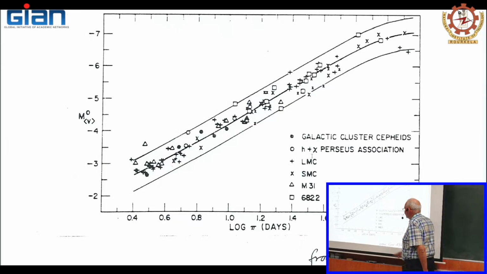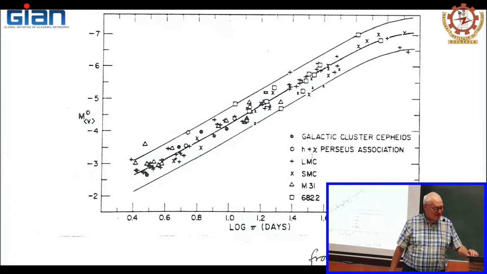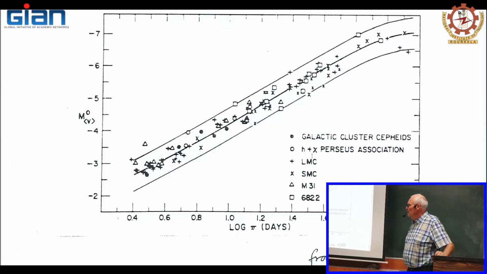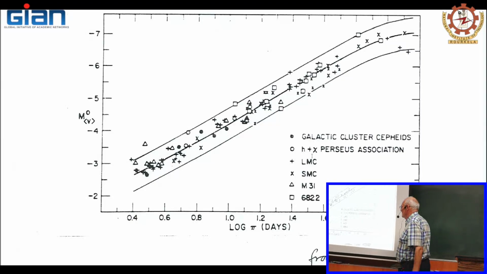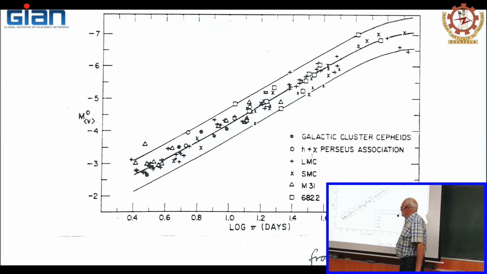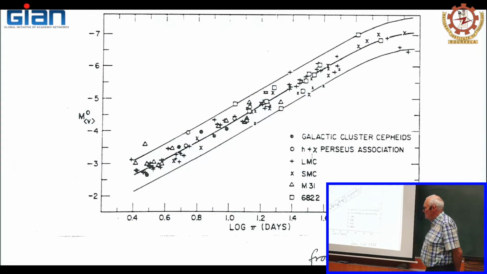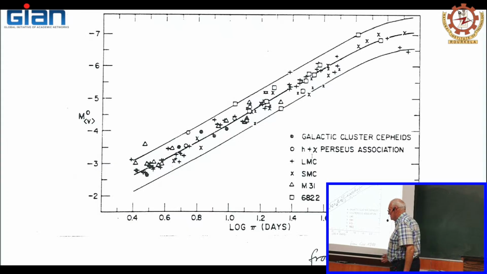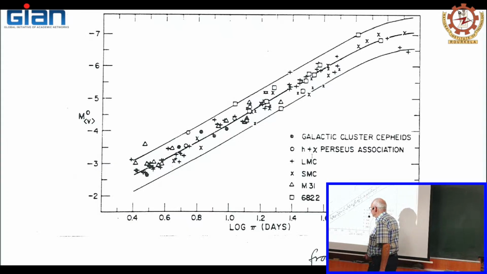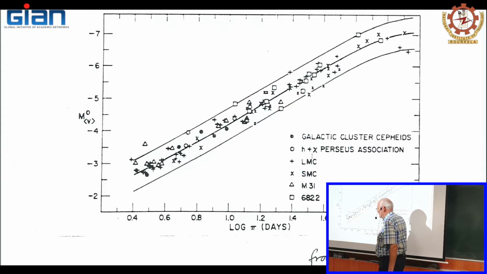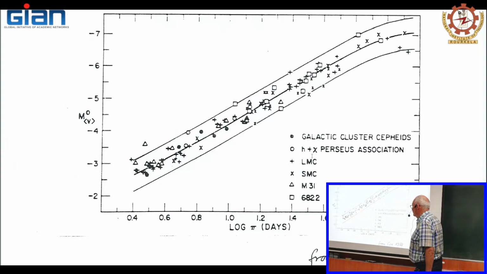The scatter of this relation, which is seen here, is not of statistical origin, but an intrinsic scatter, because the variable Cepheids form a strip in the HR diagram which has a finite width, and within this strip, of course, there is an intrinsic scatter, and this is seen in the period luminosity relation.